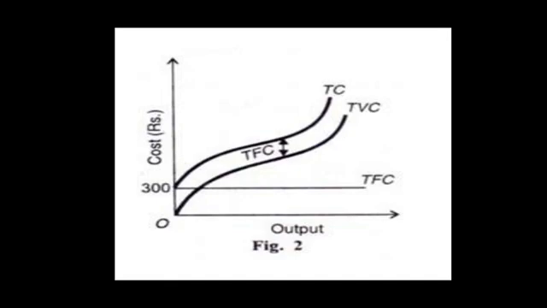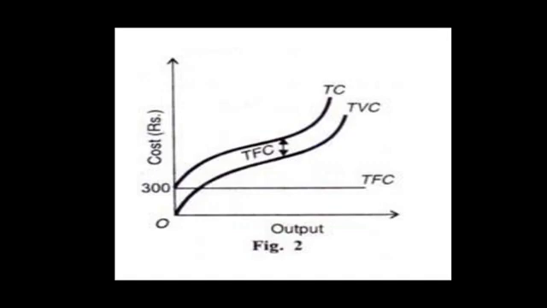Here we can see that the total fixed cost curve is a horizontal line parallel to x-axis, and both total cost and total variable cost curves are upward sloping and have an inverted S shape.